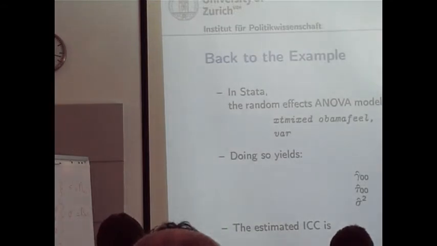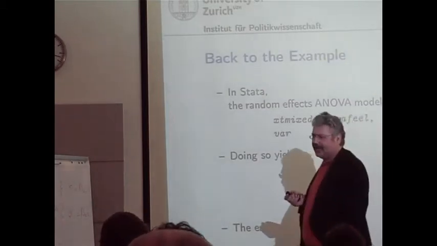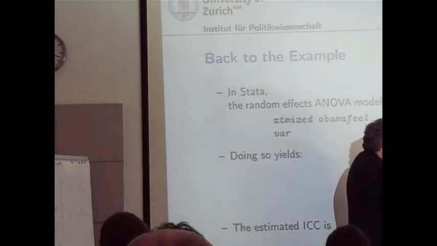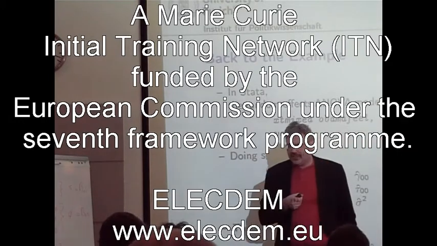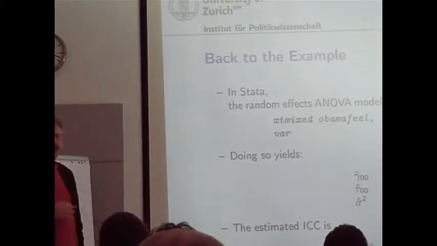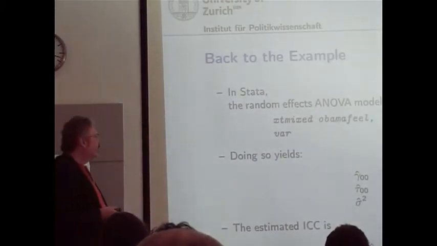It's a random effects ANOVA. Then you get these two vertical lines, and then you have to indicate here the level 2 unit, which in this case is the state. And then you have to specify a covariance structure. In this case, it doesn't matter because there is no covariance. We will get into that in a moment.